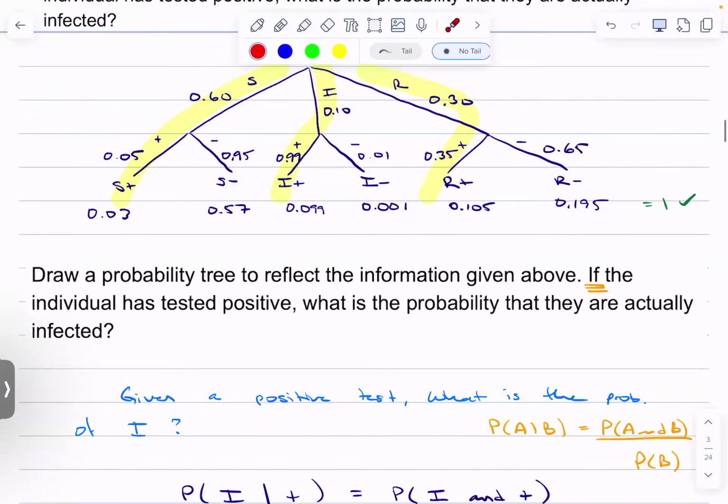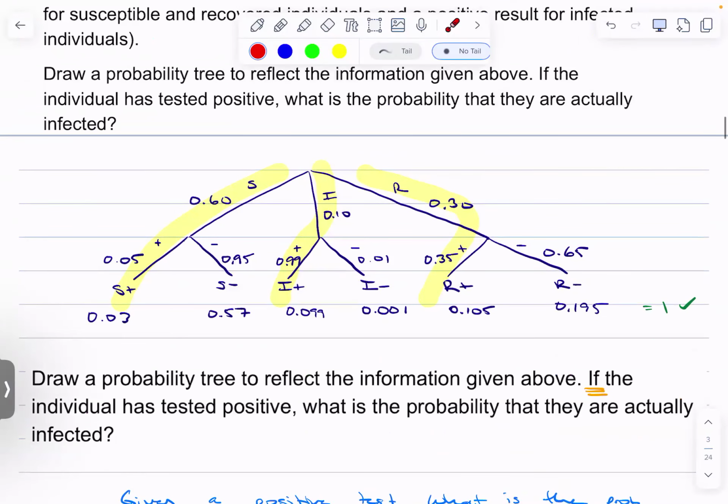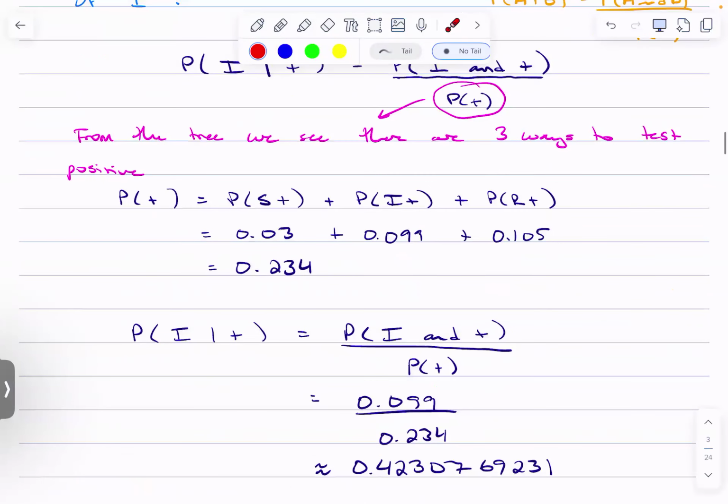Because you want to have this guy here, right? So the probability of a positive test result is going to be the probability of S and positive. I just dropped the and. But that's at the end of each branch, so you have to multiply down the branches to get the S and positive.